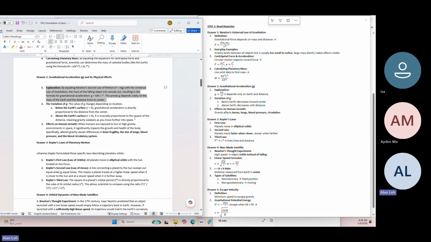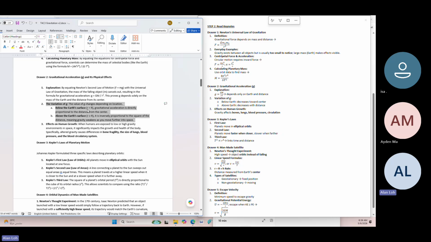Then point number 2, there are two parts over here: below the surface of the Earth and above the surface of the Earth. Now you are standing on the surface. Below the surface means if you dig deeper into the Earth, let's say you dig 10,000 meters into the Earth, then the gravitational acceleration, which is this g, is changed, is lesser.